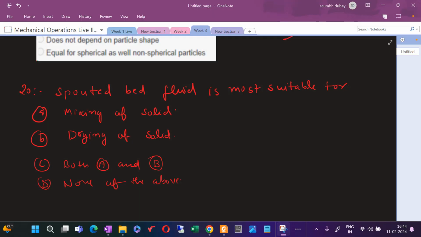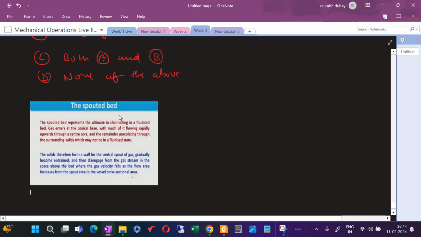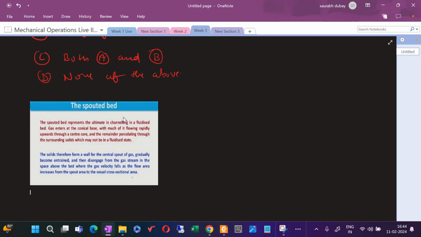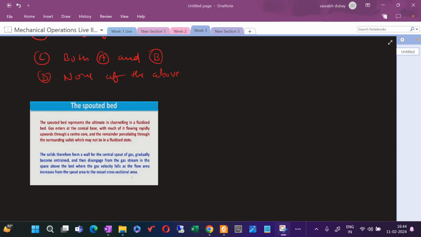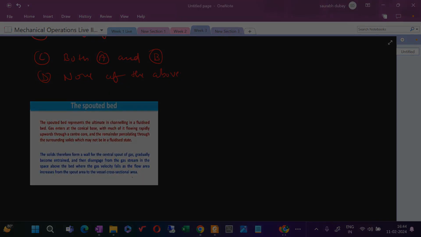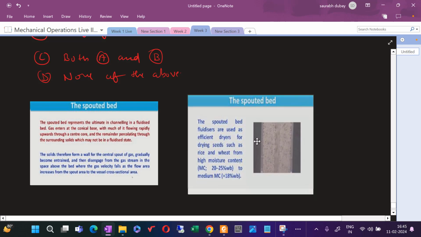Through that channel the solids move up around the axial section of the center line, then fall back towards the wall into the inner annular region of the bed. This is mostly used for dehumidifying, like removing moisture from wheat and rice in the food industry.